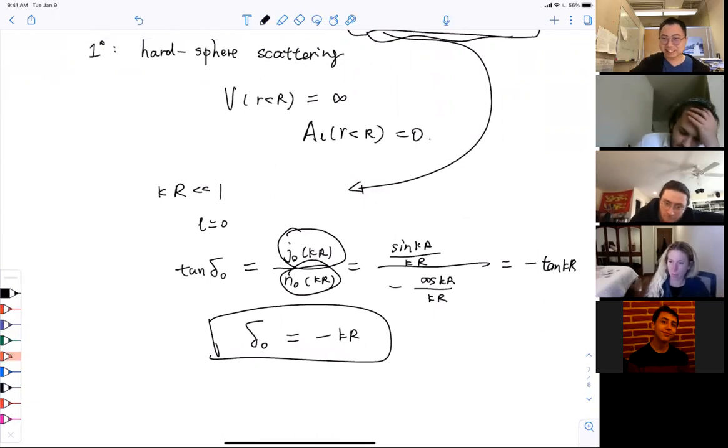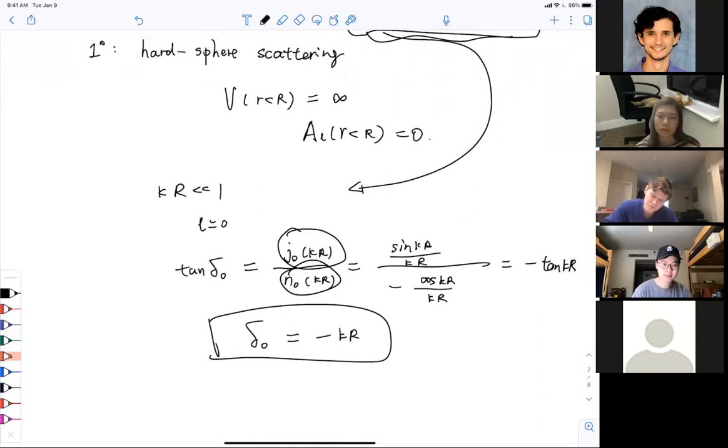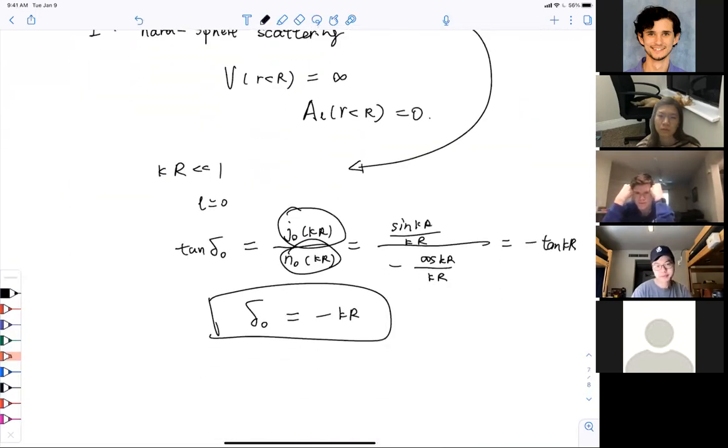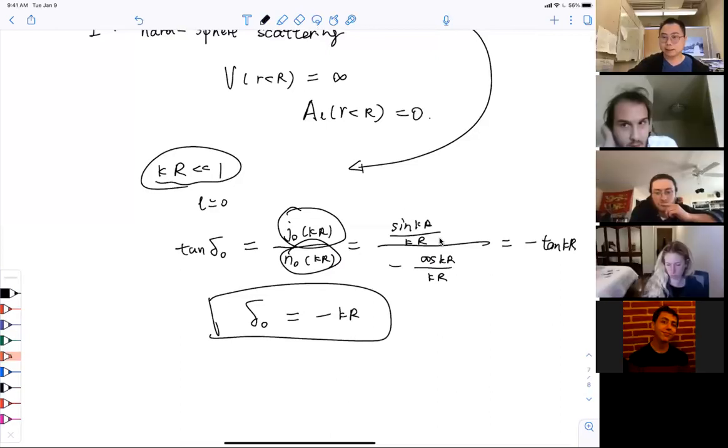Yeah, whenever we focus on this kind of S-wave scattering, this kind of special function becomes not that special. It's just the sine and the cosine. So the result looks very simple, right? And this also makes sense, right?